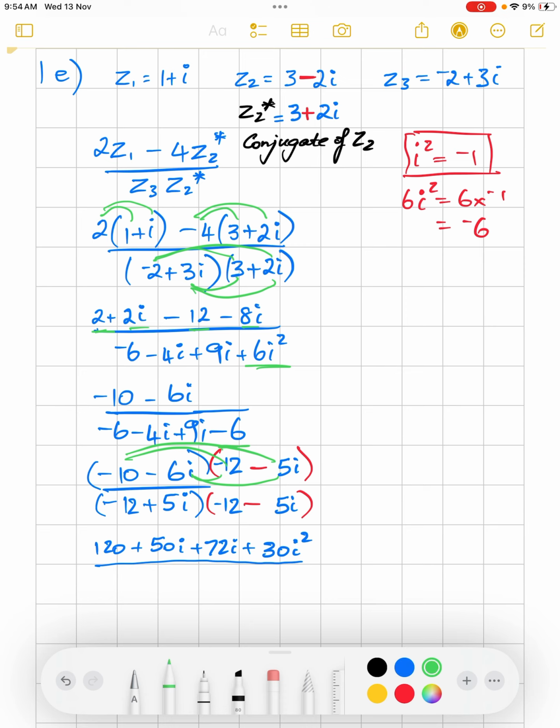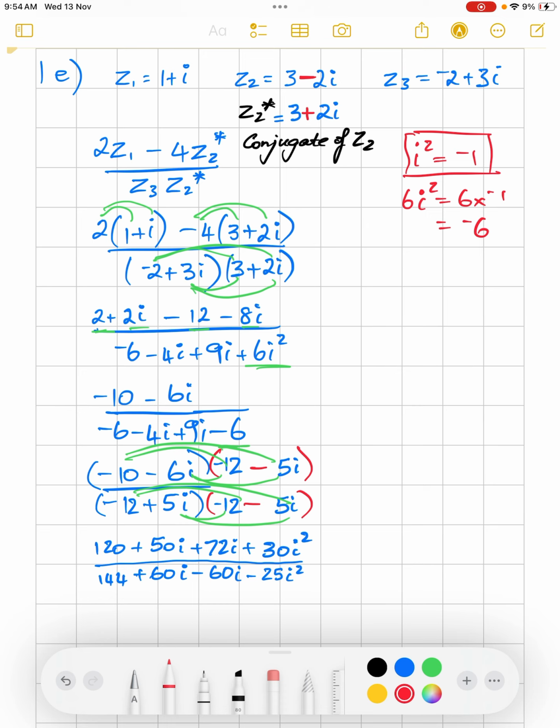Our denominator here is negative 12 times negative 12, 144. Negative 12 times negative 5i, positive 60i. 5i times negative 12 is negative 60i, and 5i times negative 5i is negative 25i squared.